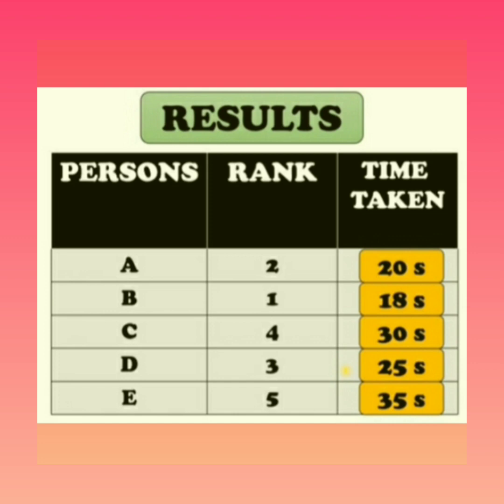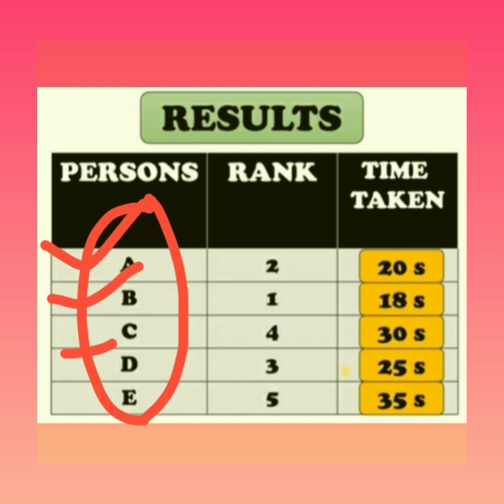We can see one example here. Suppose these are the runners: runner A, runner B, runner C, D, E. You can take any name: A, Arif, B, Babita, C, Chetan, D, Dolly, E, Farhan.